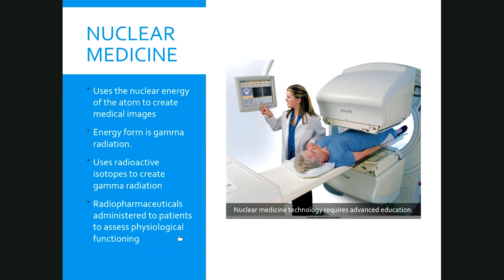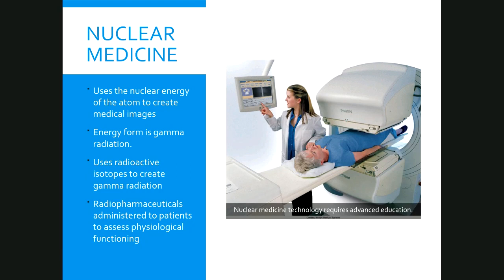They would let the patient know, don't go home where your grandchildren are. Don't go around your husband who is undergoing chemotherapy. They just have to avoid them because they are radioactive, meaning that those tracers, those radiopharmaceuticals, are emitting radiation. So the patient is kind of radioactive at that point.